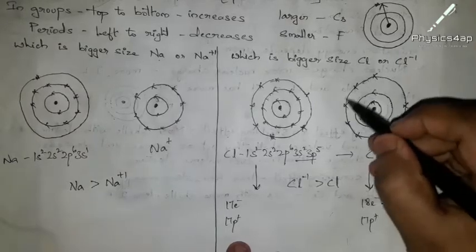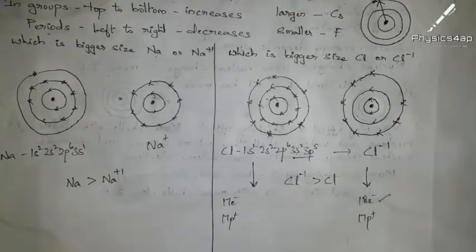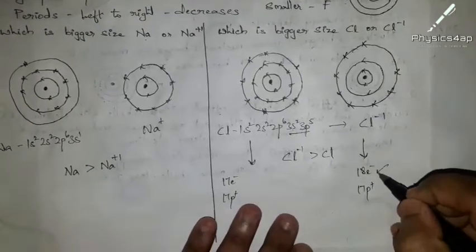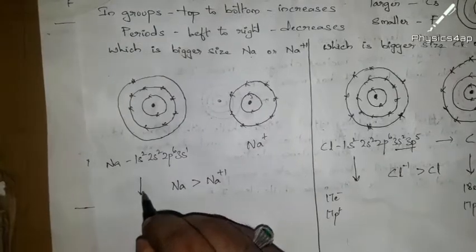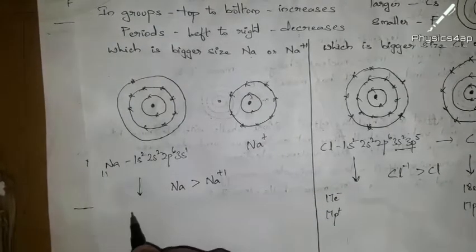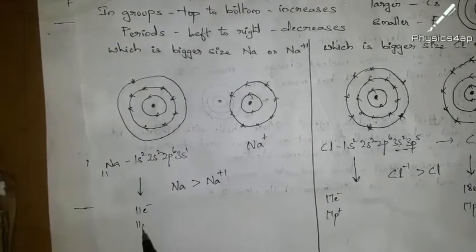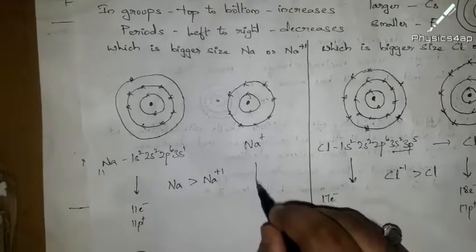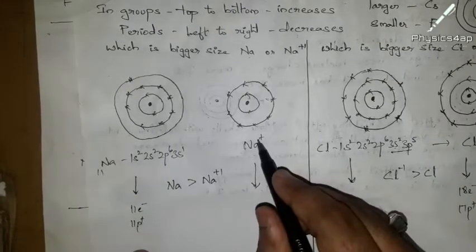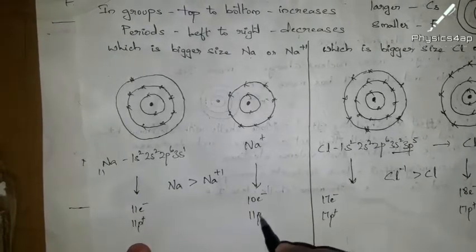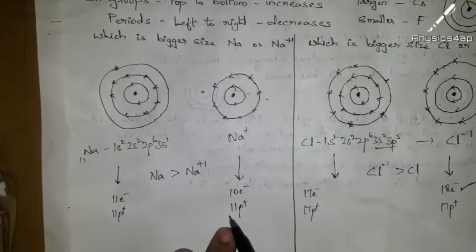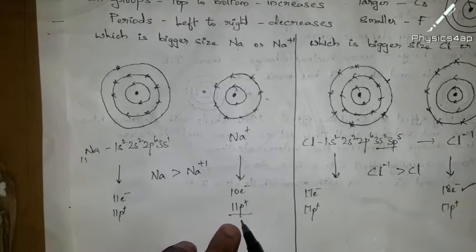Because the number of electrons is greater. If it is lesser, as in this case, the atomic number is 11, so 11 electrons, but now one electron has been removed, so we have 10 electrons and 11 protons. Now the protons are more, so as there is strong attraction, all the shells have decreased over here.